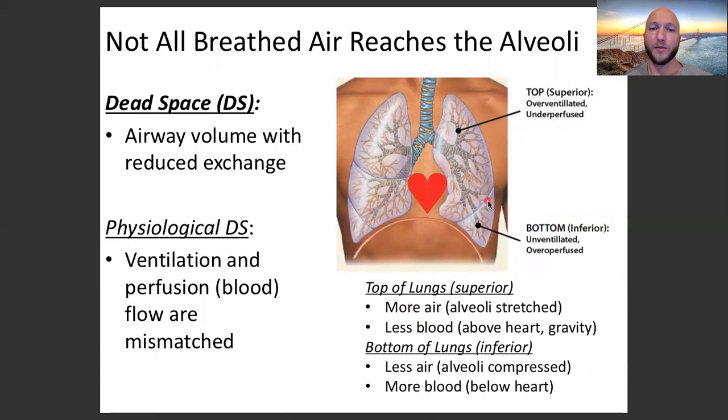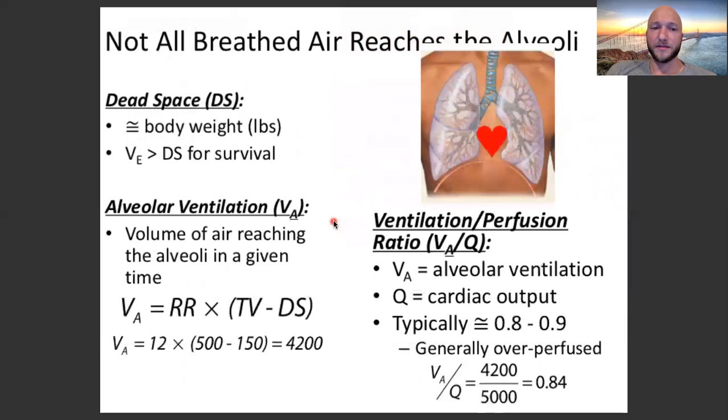Gravity preferentially sends the blood to the lower parts of our lungs, which leads to more blood in the lower parts and more air in the upper parts. The bottom of our lungs, inferior, there's less air. Alveoli are more compressed by this blood.